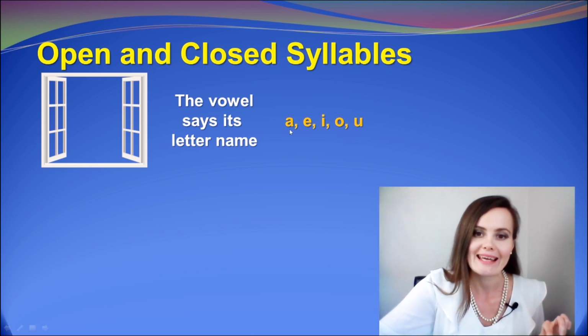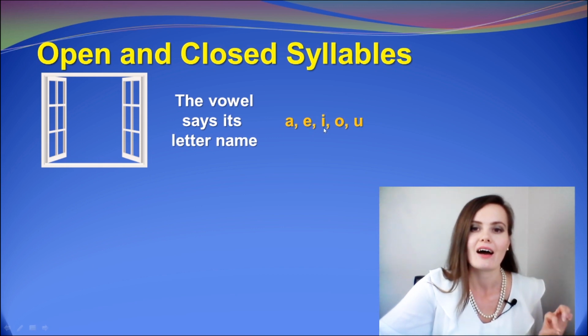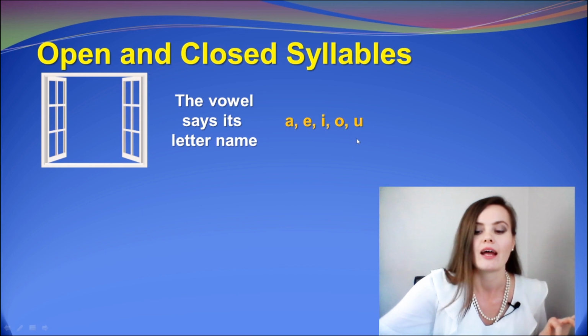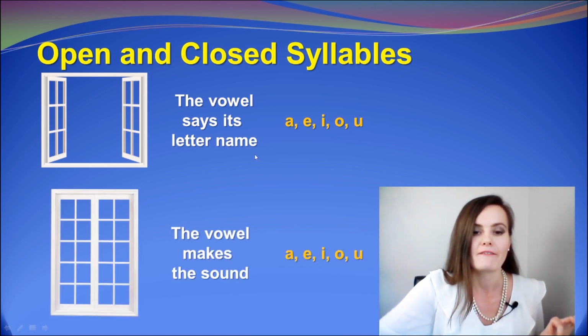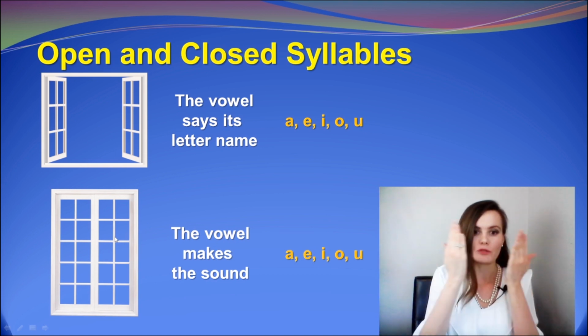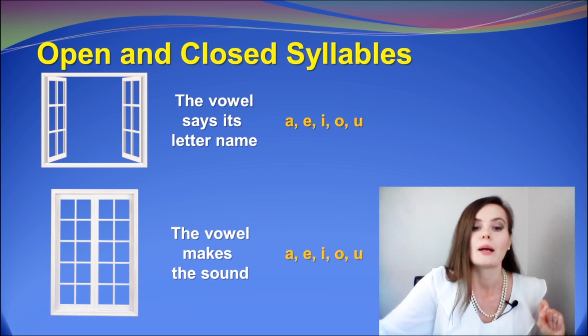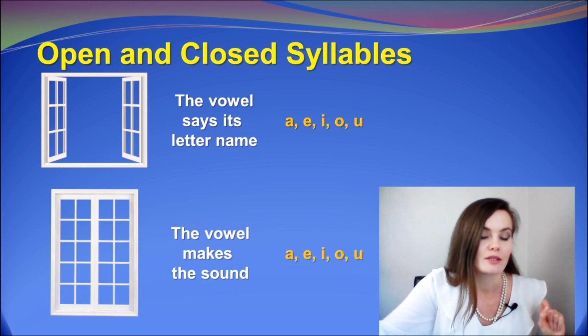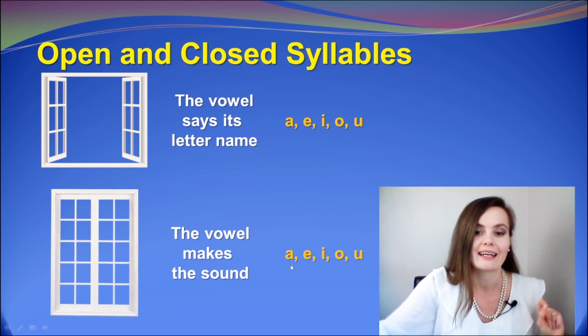So A, E, I, O, U, right? But what will happen if the syllable is closed, if the window is closed? The vowel makes the sound in this case, right? A short sound. A, eh, I, O, ah. One more time. A, eh, I, O, ah.